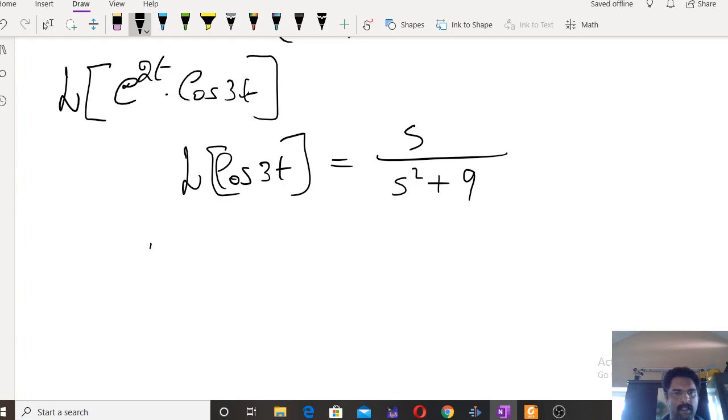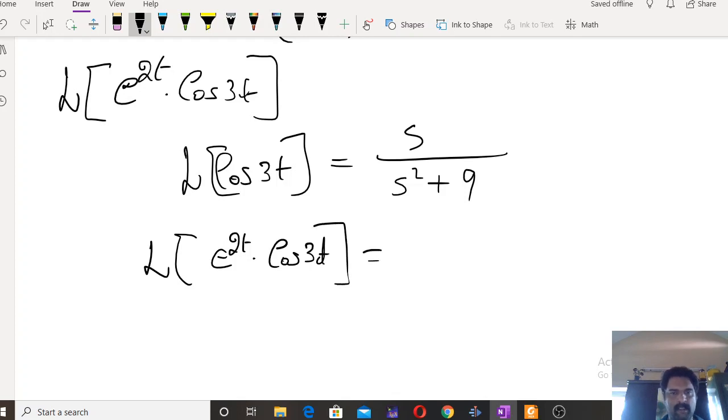So the Laplace transform of e raised to 2t into cos 3t can be obtained by just replacing s by s minus a, that is s minus 2. So in the numerator we have an s, it is replaced with s minus 2, and in the denominator again we have an s, and that is replaced with s minus 2, then s minus 2 the whole square plus 9.